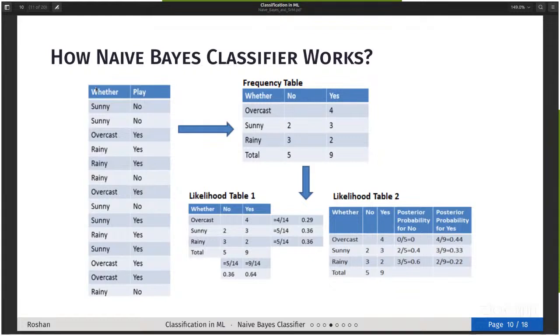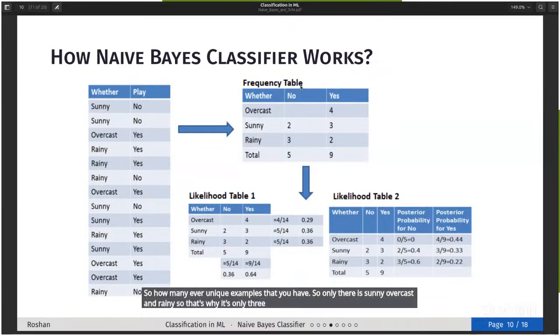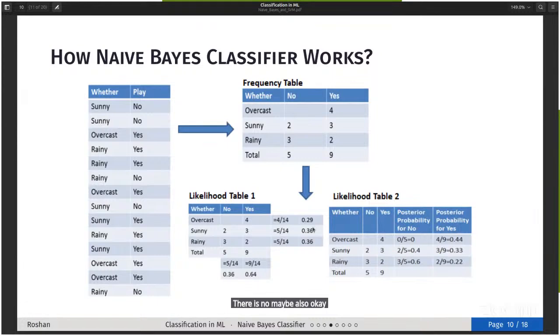However many unique examples you have. So there is only sunny, overcast, and rainy. That's why it's only three. And this should be the number of class labels. You only have yes and no. There is no maybe also. So only no and yes.